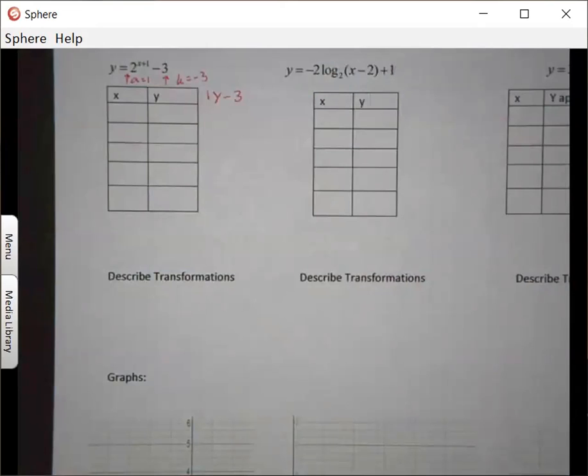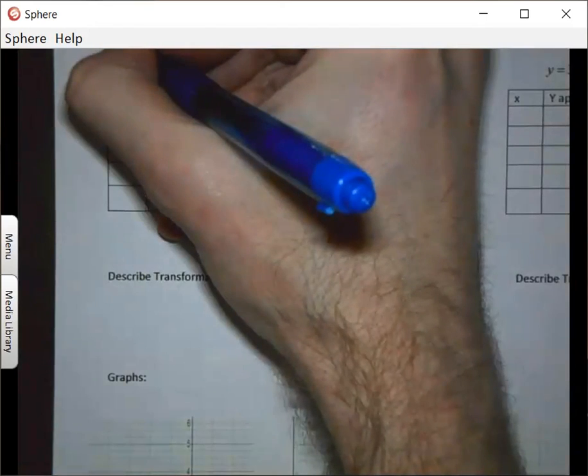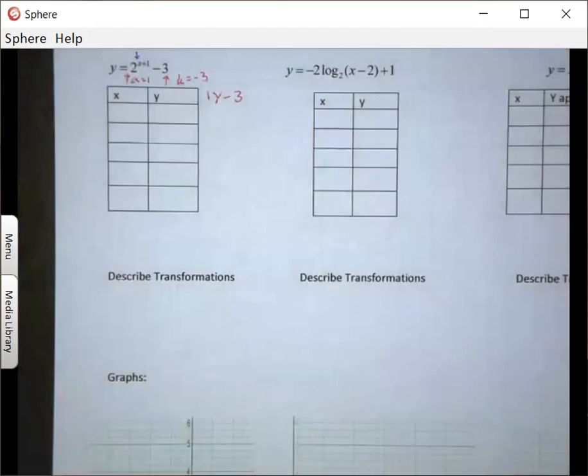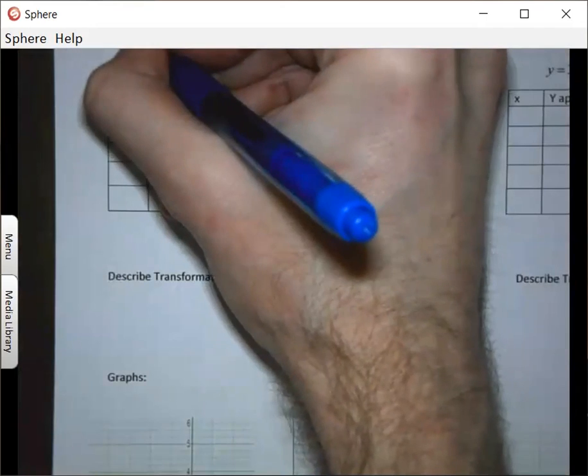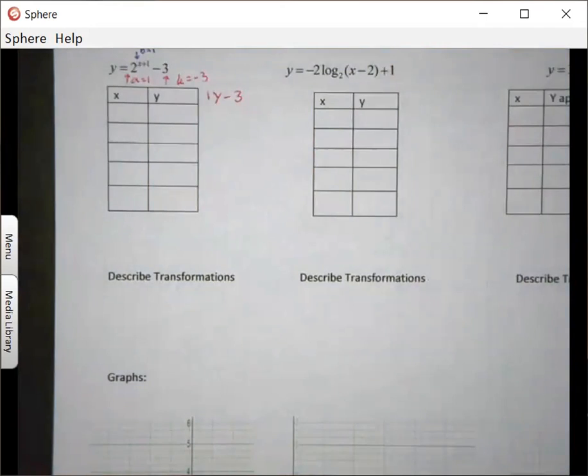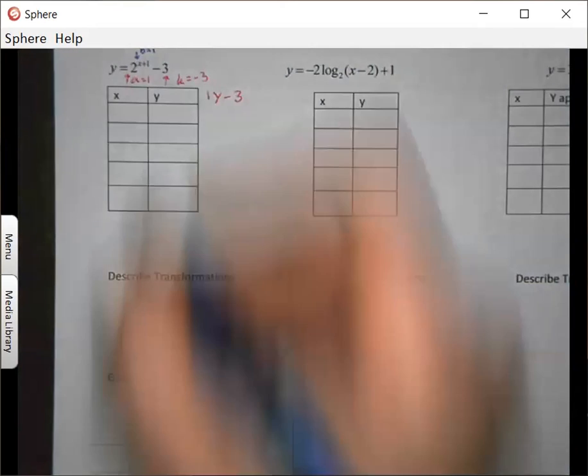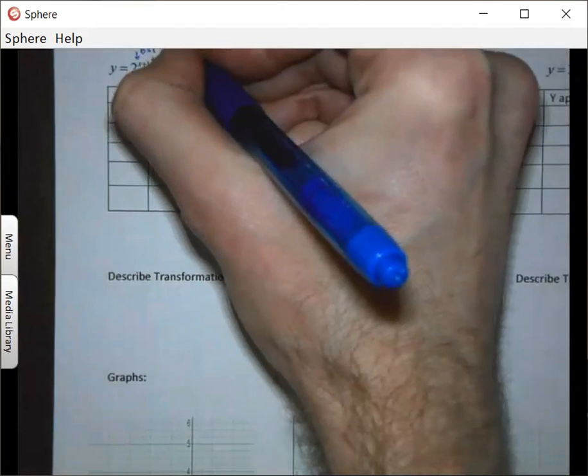Then our x is horizontal, so that's going to be b and h. And here again we can say, and this is tough to see, b is the value in front of x. In this case, it's going to be 1 again. And then that plus 1 right there is our h.